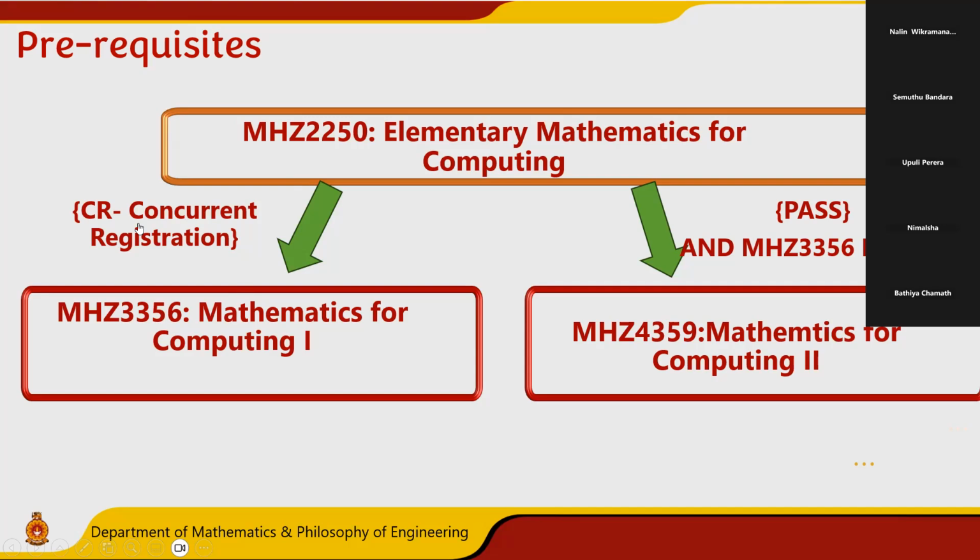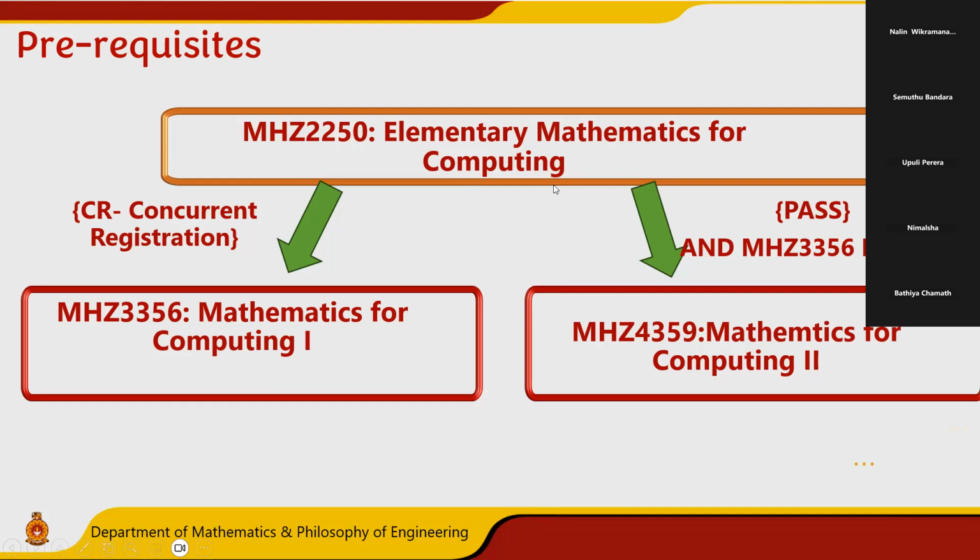That is called concurrent registration. MHZ 2250 is offered in the first semester, so at registration you have to register for both courses. Registering for MHZ 2250 is required only for students who haven't passed advanced level mathematics. That is important.